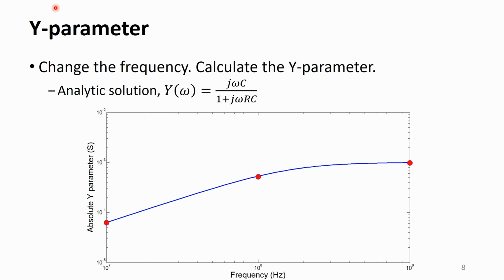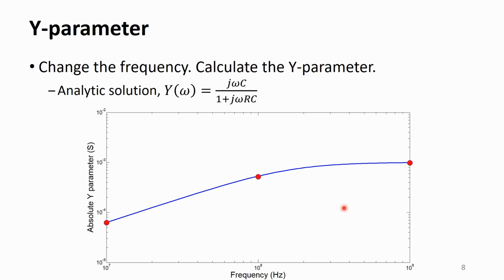Also, the Y parameter can be calculated. The analytic solution is given as j omega c divided by 1 plus j omega RC. This analytic solution is drawn as a blue curve. Also, at three frequencies, 10 MHz, 100 MHz, and 1 GHz, the Y parameter is calculated from the simulation result.